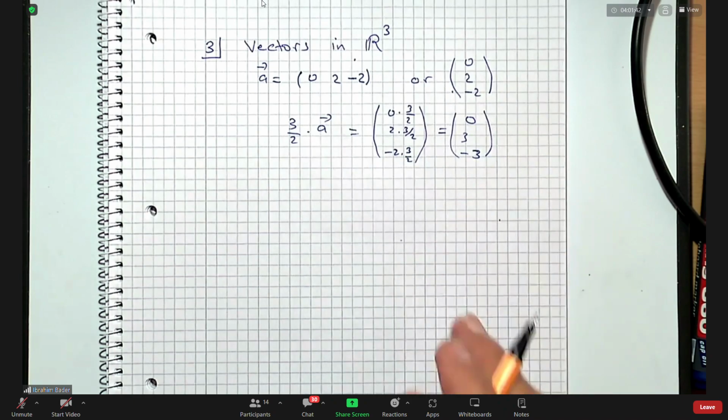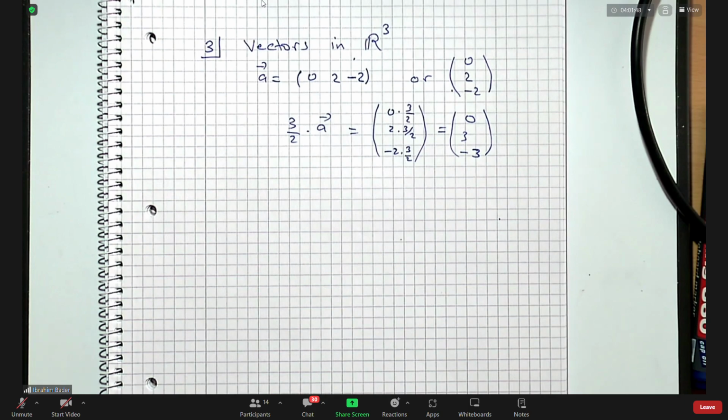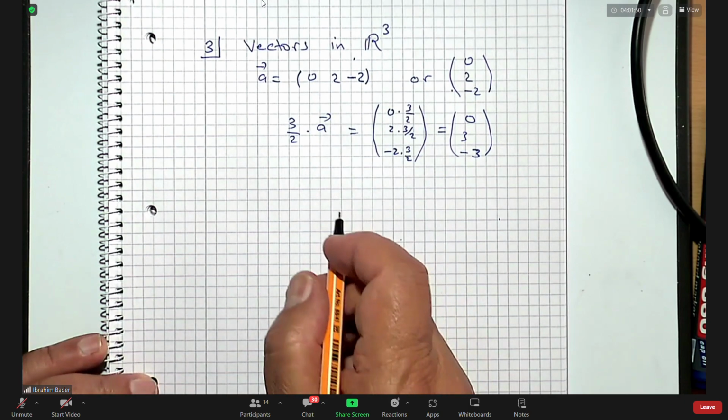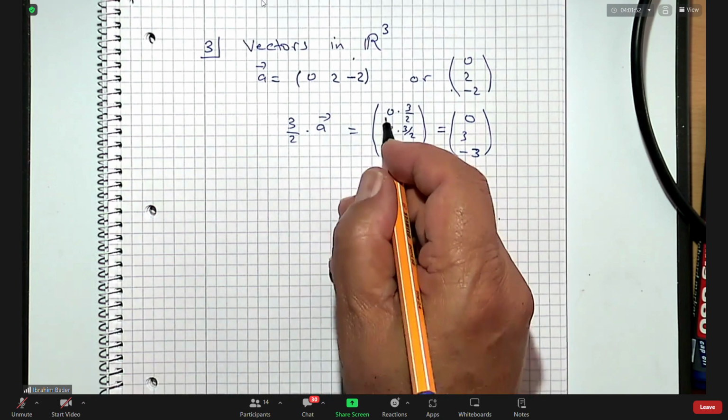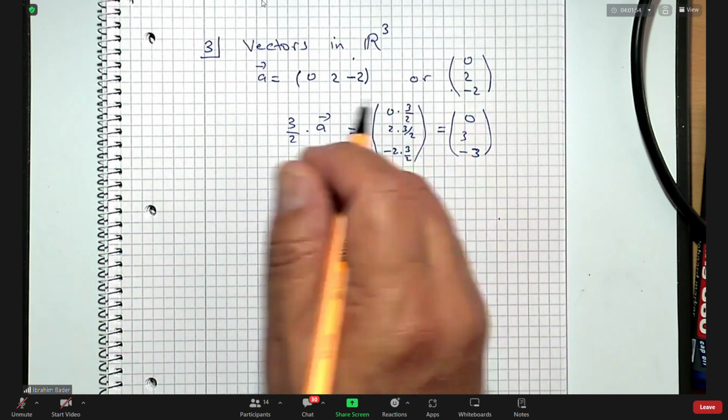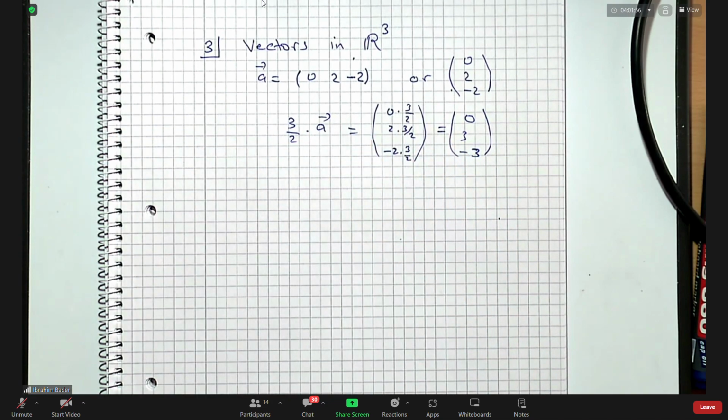Because the constant is expanded term by term. So this constant 3/2 will be expanded to all coordinates of the vector. And the same applies if you are multiplying with any other number.